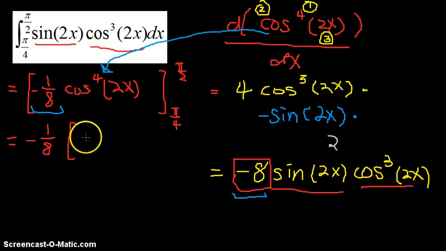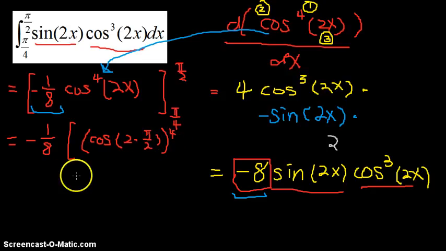So you have cosine of 2 times pi over 2, the whole thing to the power of 4, minus cosine of 2 times pi over 4, the whole thing to the power of 4.